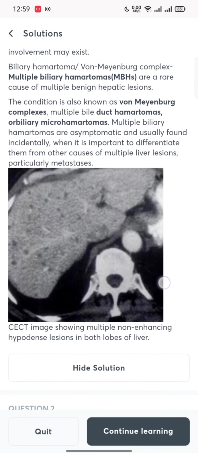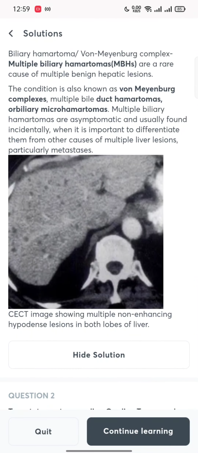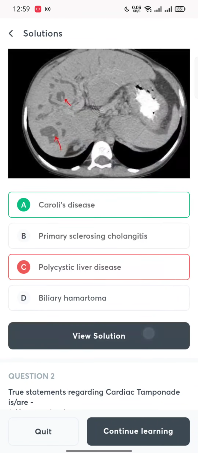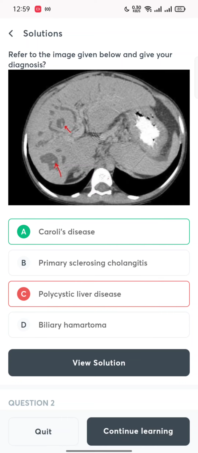It is important to differentiate them from other causes of multiple liver lesions, particularly metastasis. This is the CT image showing multiple non-enhancing hypodense lesions in both lobes of the liver. Alright, so this is Caroli, central dot sign.